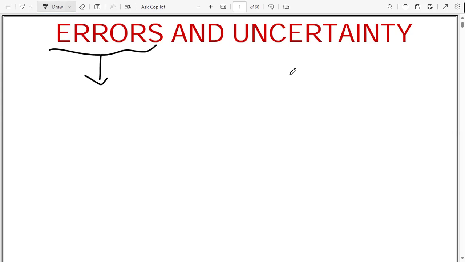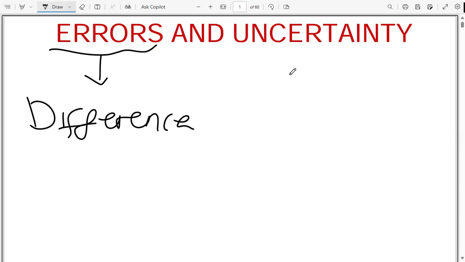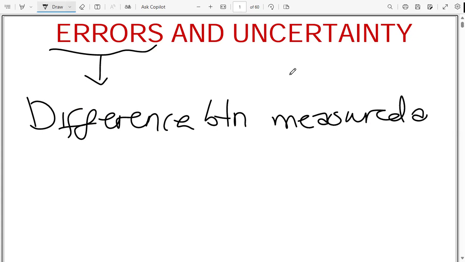An error is just a difference between a measured value and the true value.